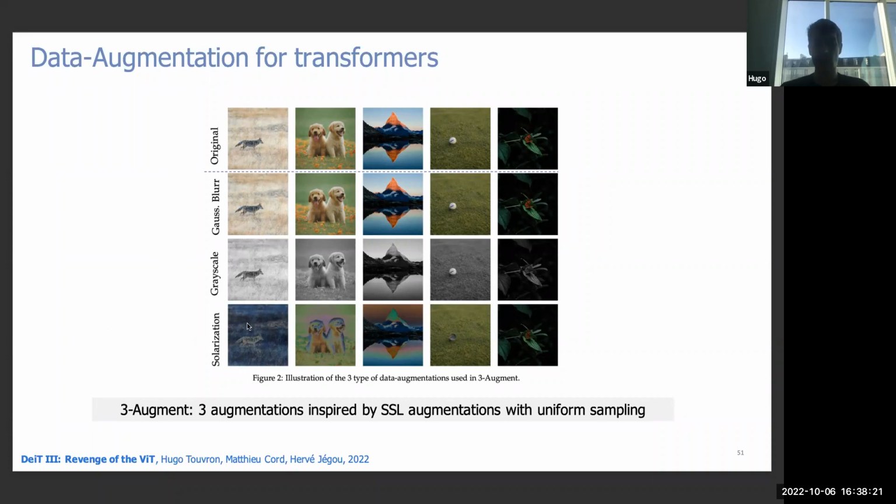And for each image in the training set, we uniformly select one of these data augmentations and apply it to the image. So it's a very simple data augmentation, but it works quite well and it works better than RandAugment, for instance, with transformers. But it's not the case with ConvNets. With ResNet-50, it's better to use RandAugment.